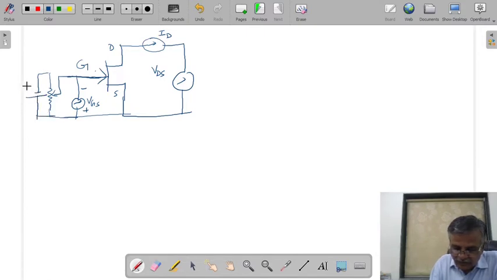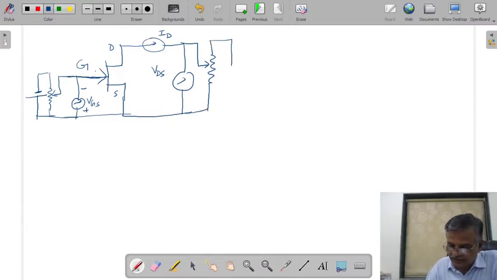So this is your negative voltage. Remember, with the help of a potentiometer you can change this voltage. Here I am again connecting a potentiometer circuit to vary the VDS voltage.